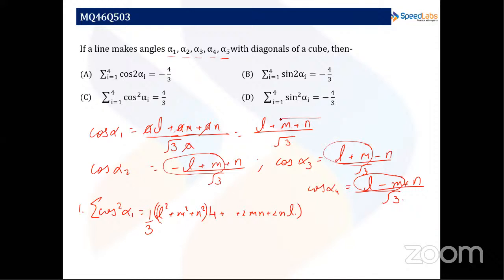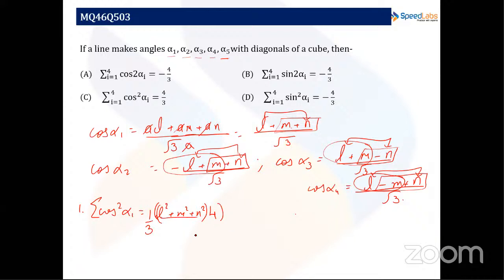Now here M into N is positive, here M into N is positive, here M into N will be negative, here also negative. So two positive, two negative, this will also get cancelled out. Similarly, for N into L, this is positive, this is negative, and this is positive. So similarly, 2 times N into L will be positive and 2 times it will be negative. So this will also get cancelled out.